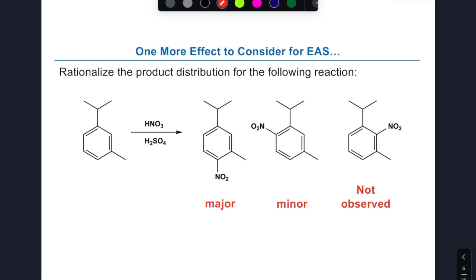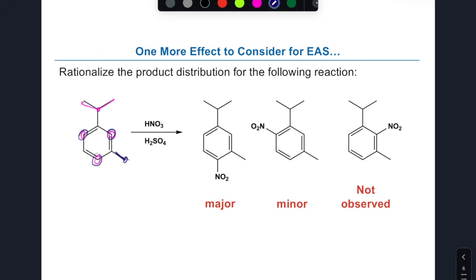Now, if you look at a group like this, this is where we have a disubstituted starting material. And what we're asked to do is add a nitro group. With both of these, if you look at the relative directing power, both of these alkyl groups are ortho-para directors. So for example, this isopropyl group will tend to guide things into the ortho or para position, and this methyl group will also be an ortho-para director.